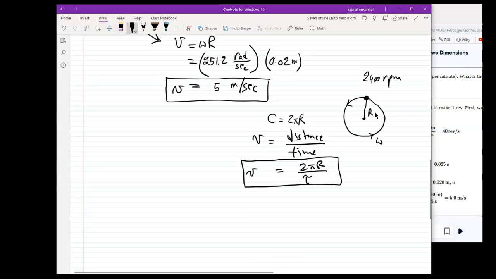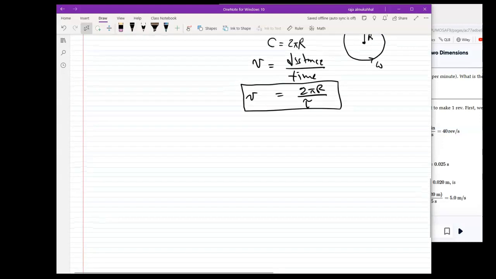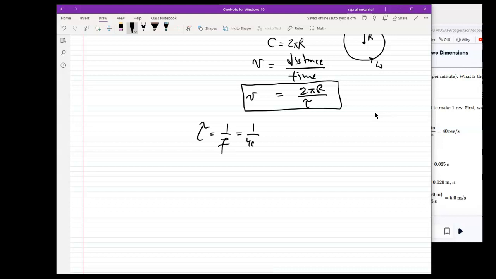Well, tau, as you know, is the reciprocal of the frequency, so that's 1 over 40, which is 1 divided by 40. The answer is 0.025 second. There we go, so I got tau.